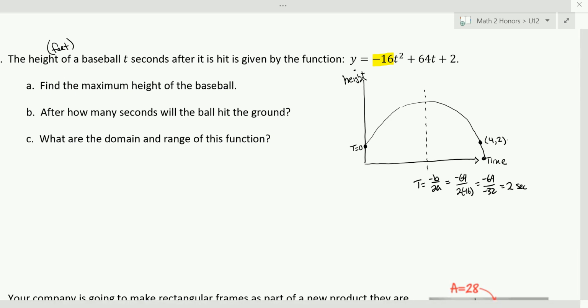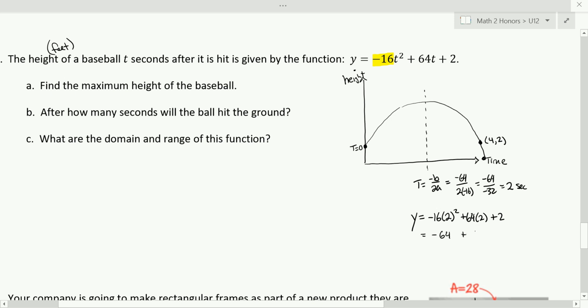So now we still want to reach that maximum height, so we could take our 2 seconds and plug it into our equation and find that y is going to be negative 16 times 2 squared plus 64 times 2 plus 2. And that's negative 64.